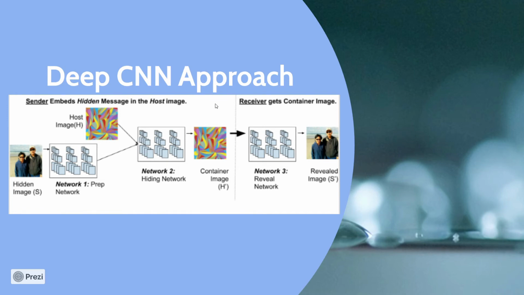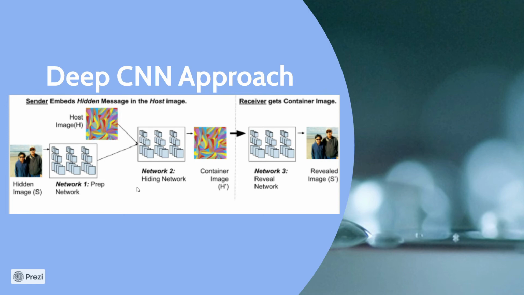Now the encoder is itself made of two networks. The first network is the prep network, and the second one is the hiding network. The decoder has just one network, the reveal network. The first network, the prep net, is trained in such a way that it extracts all the features from the hiding image and gives an output.